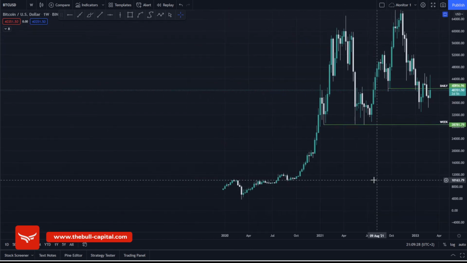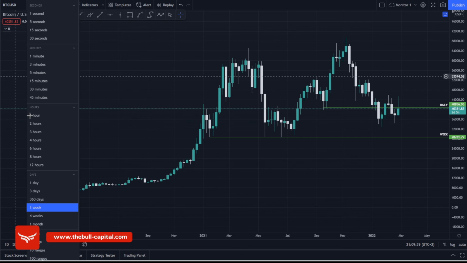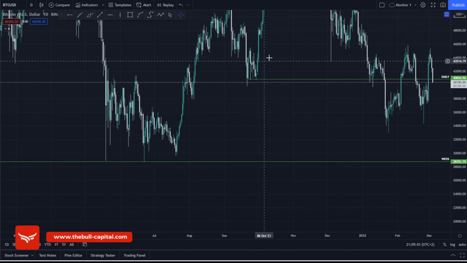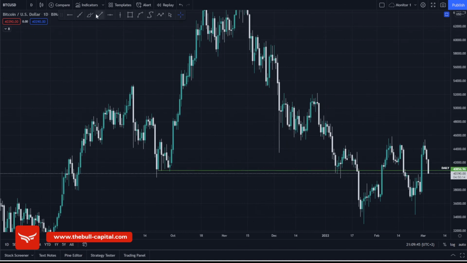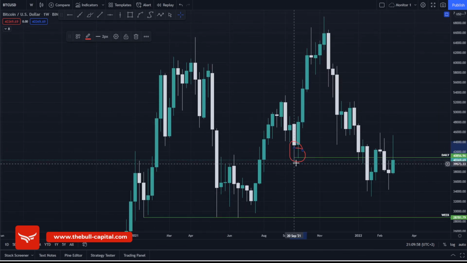It means that it's a weekly swing, so this is a weekly level. Now if we go on daily and we mark this, this is a daily swing, a daily valley, because if we go on weekly, oh actually you can see this.